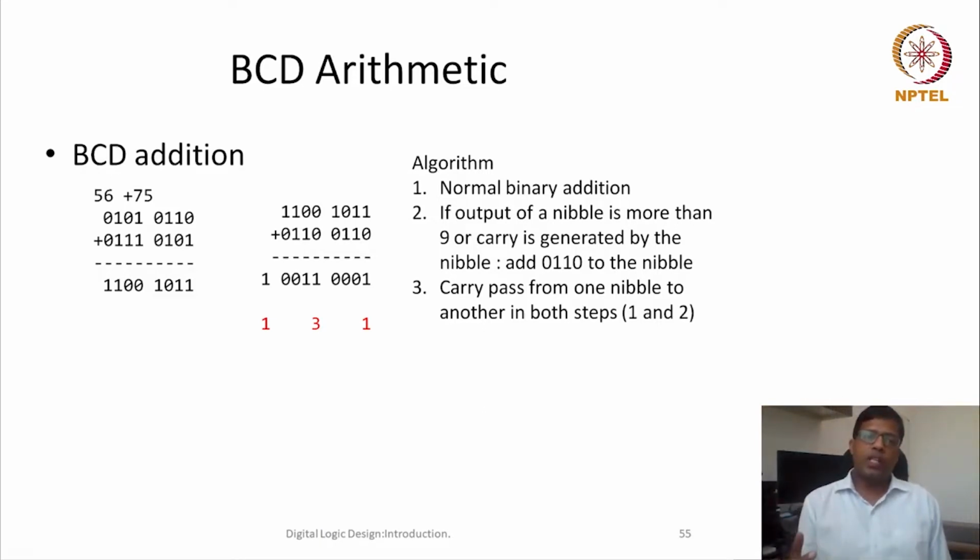So here we can see that for representing decimal numbers, this BCD number system is good. Even for addition, the number of additional steps is minimal and thus it can be used.